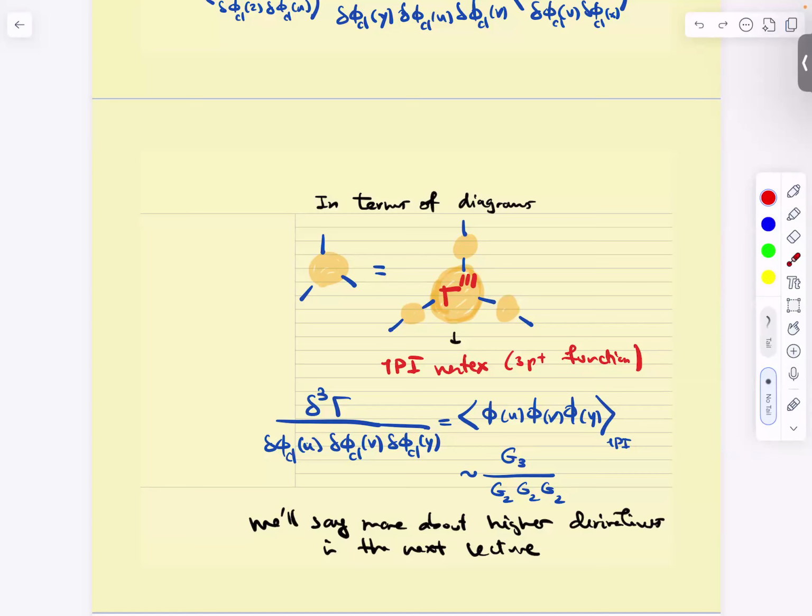But as a functional of the source, you could try to invert that relation and get the source as a function of magnetization, as a function of the field that we call phi classical, right? Now you work with that functional as extremized on the source. This extremization gives you the source, and it's a generating functional for the 1PI diagrams. So that's what we're going to talk about.